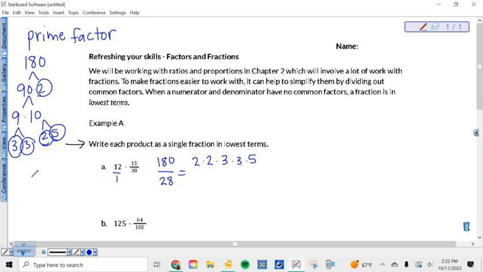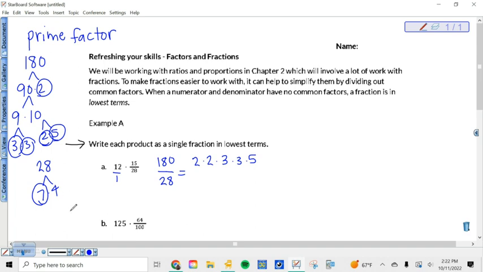And then let's do 28. Is 28 a prime number? No. What two numbers multiplied together give us 28? Good. 7 times 4. Is 7 a prime number? Yeah.